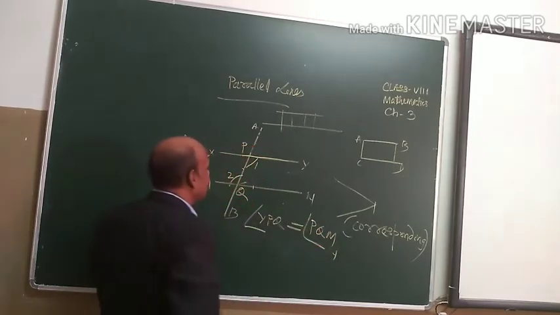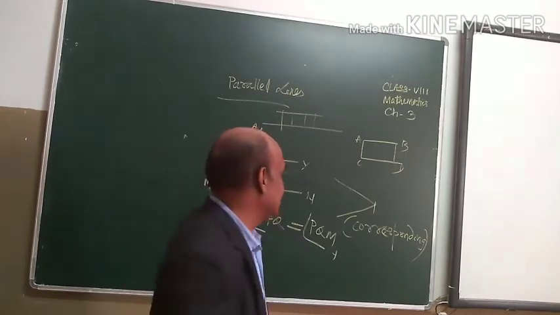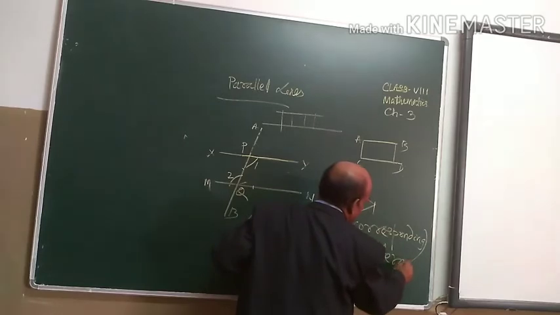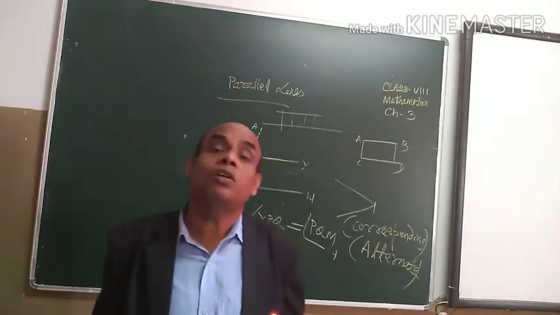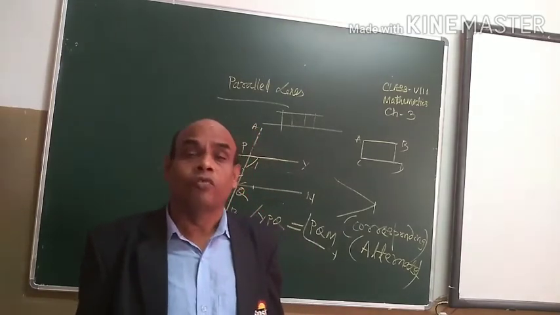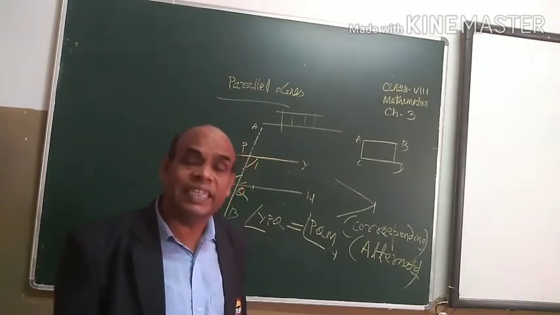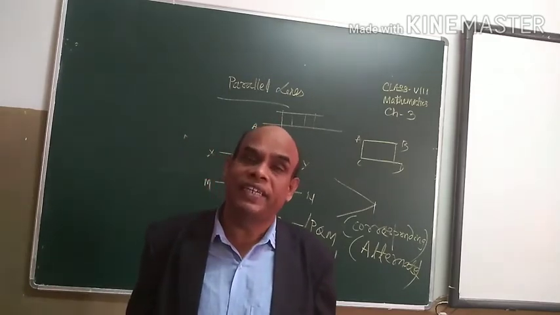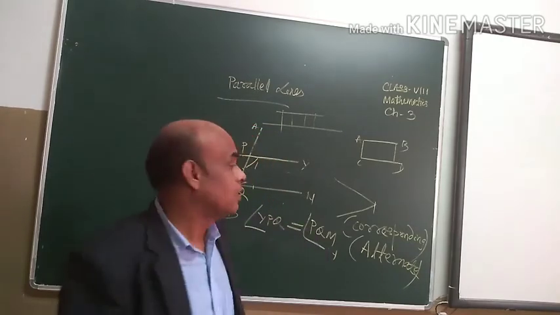So these two angles are called what? Alternate angles. Alternate angles are also equal. Whenever a transversal line intersects two parallel lines at different points, then alternate angles are also equal.